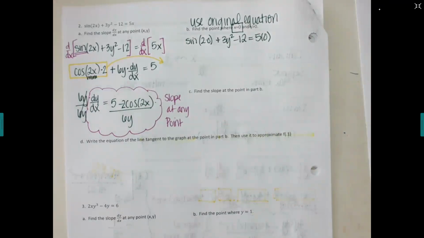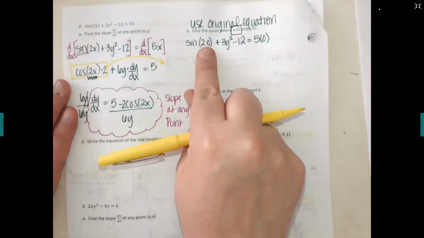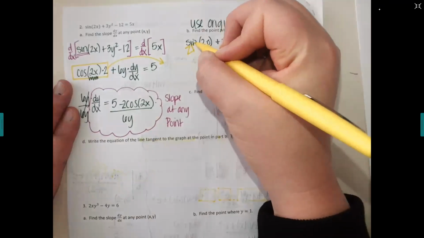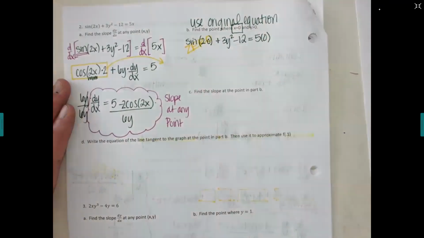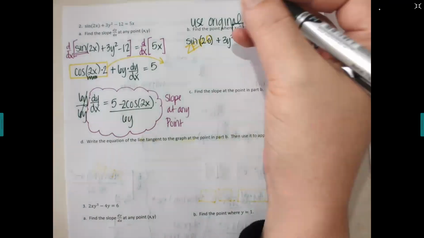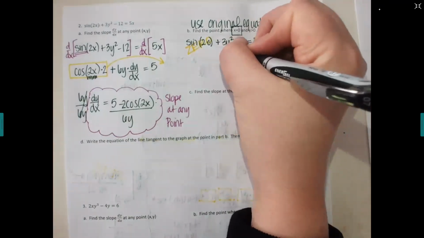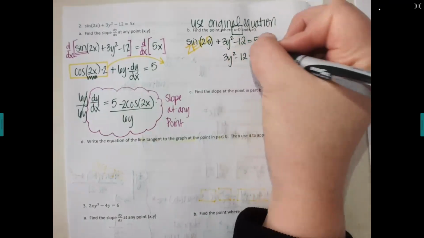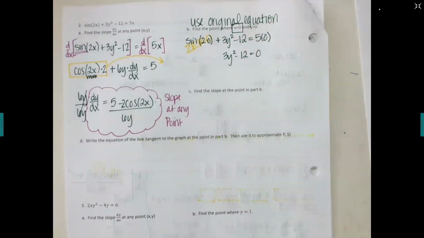2 times 0 in the trig gives me how much? And then what is the sine of 0 we said? 0. So that whole term is gone. Then I have 3y squared minus 12 equals, okay, that is going to be a 0. Can you finish solving that out? So add the 12 across, blah, blah, blah.